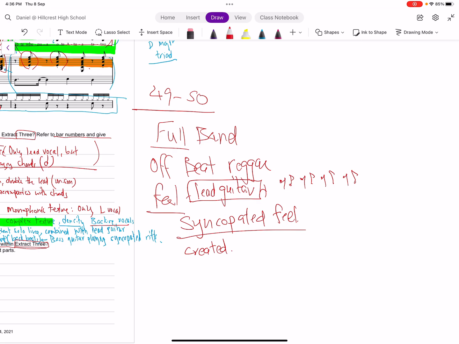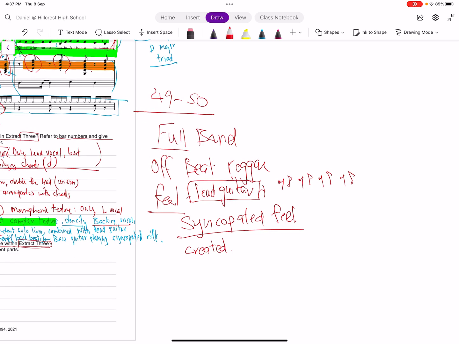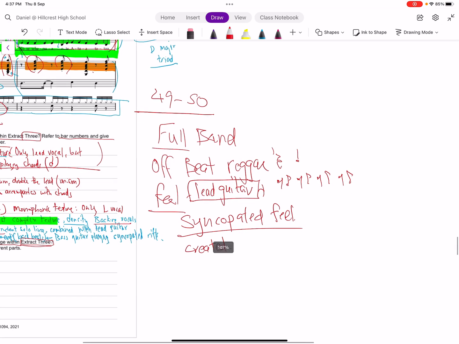So instead of going 1 and 1 and 2 and 3 and 4, we're going 1 and 2 and 3 and 4, and the bass drum is going 1 and 2 and 3 and 4.